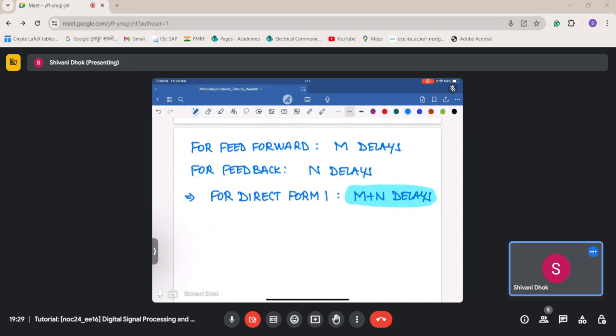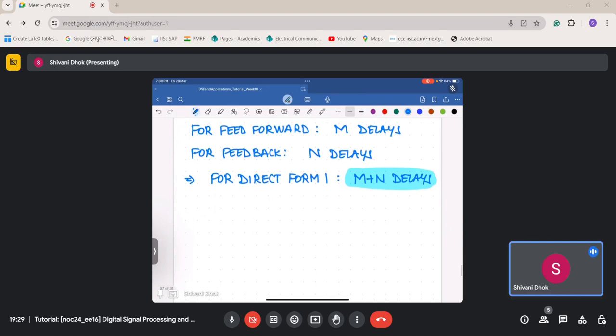Now this we know. Now if in case the same question was asked for direct form 2, so right now what we are having is we have our feedback. So let's say I denote it by A and I denote it by B, or let's say just denote this as FF and denote this as FB.